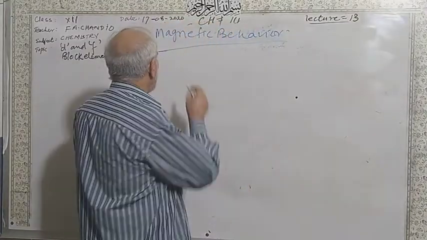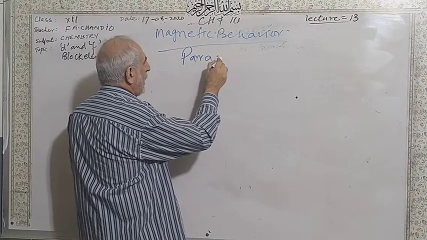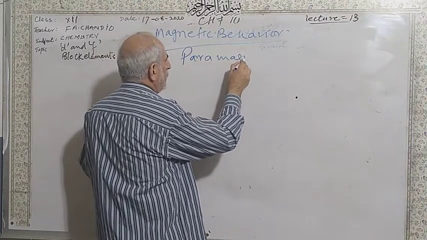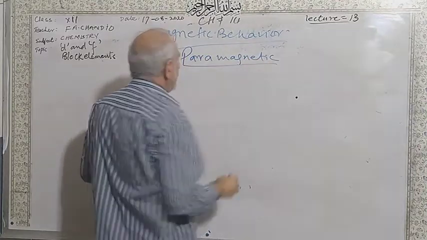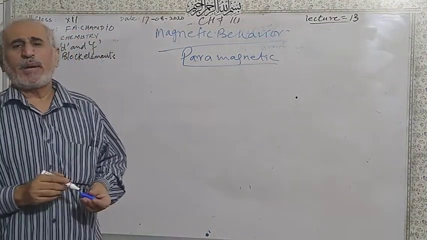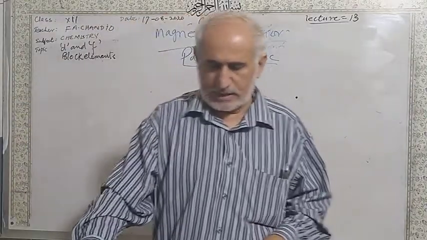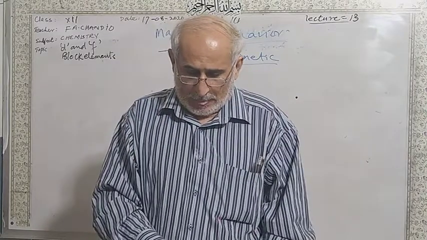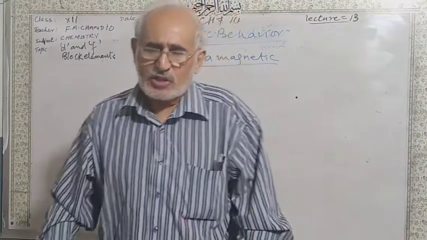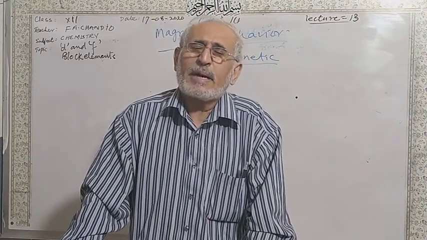These elements are called paramagnetic. This behavior is called paramagnetic behavior of the transition metals. They attract towards a magnetic field. The compounds and transition elements which attract towards a magnetic field are called paramagnetic.